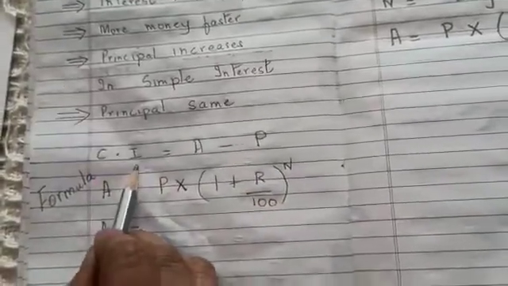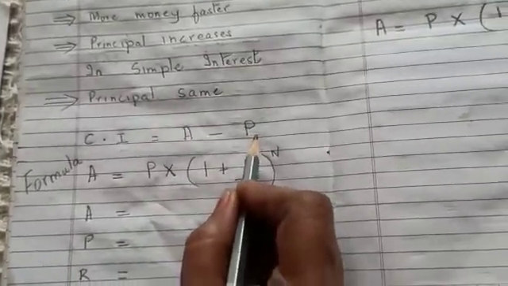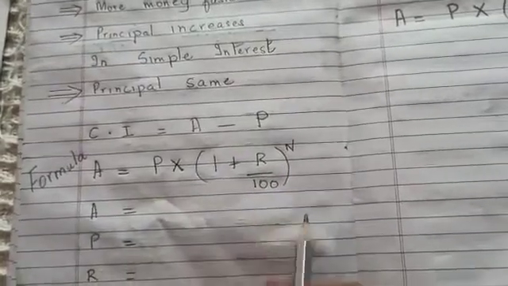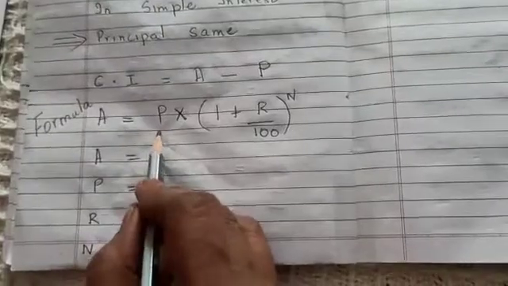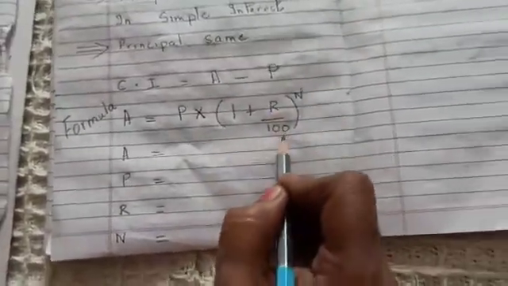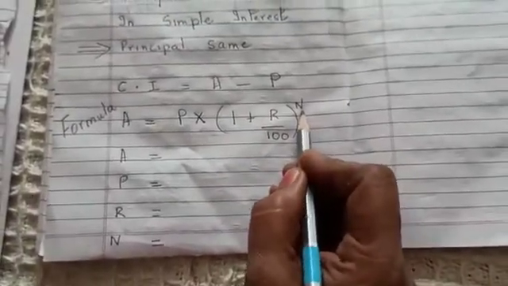Compound interest is the amount minus the principal. What is the formula to calculate compound interest? A is equal to P multiplied by 1 plus R upon 100, the whole raised to the power of n.